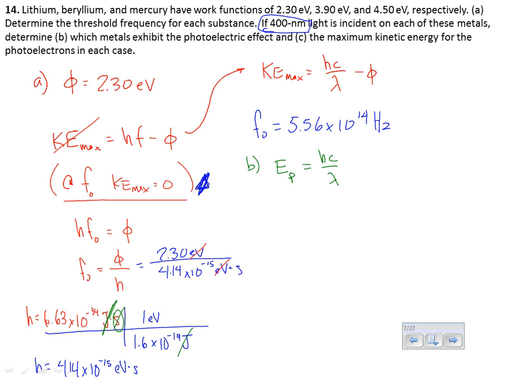There is an expression for the energy of a photon, same thing as E equals hf. I'll do it again in eV using my value of h: 4.14 times 10 to the negative 15th eV seconds times 3 times 10 to the 8th meters per second divided by 400 times 10 to the negative 9th meters.